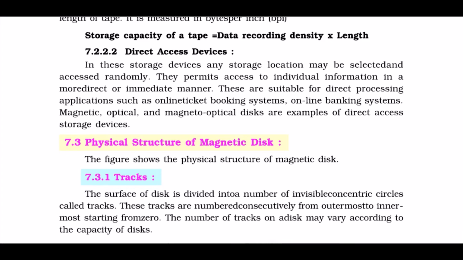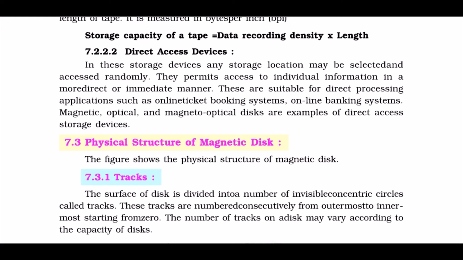You just click on the information and it comes to you right away. In these storage devices, any storage location may be selected and accessed randomly. They permit access to individual information in a more direct or immediate manner. These are suitable for direct processing applications such as online ticket booking systems.